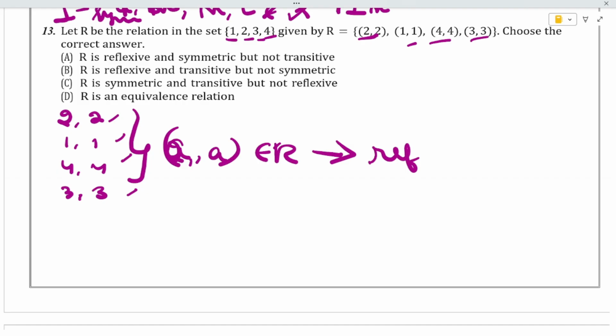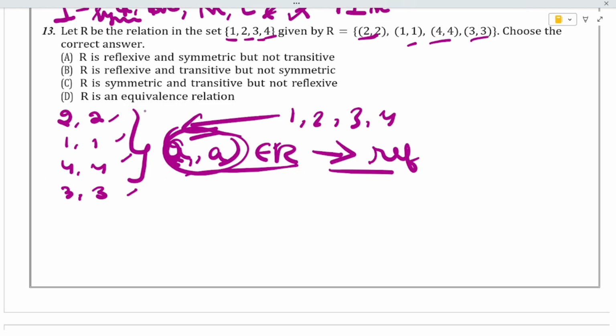If you take (A, B) and (B, A), it is also in R, and every pair belongs, so it will hold automatically. If the relation is reflexive on the set 1, 2, 3 and 4, it is called an equivalence relation. That means it is reflexive, transitive and symmetric, all three.